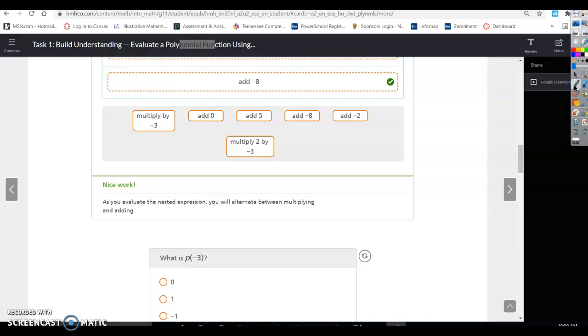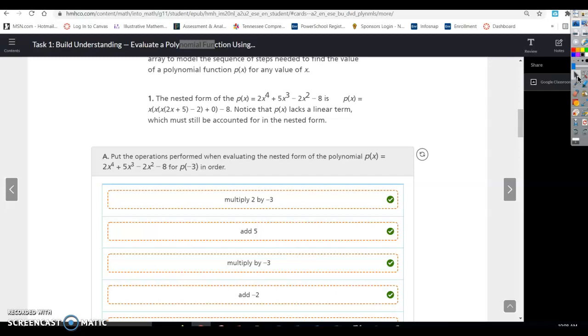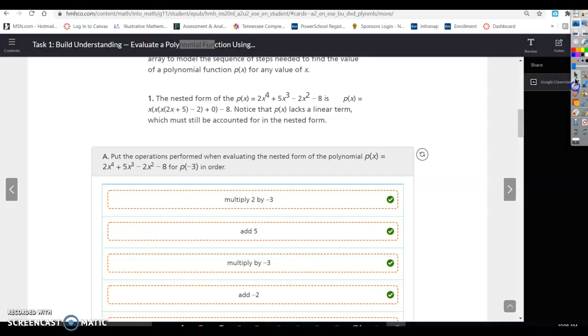If you're on a non-calculator portion of the test, it would help you evaluate a little easier using this nested format, I guess. So we're going to take the -3 and plug it in here.